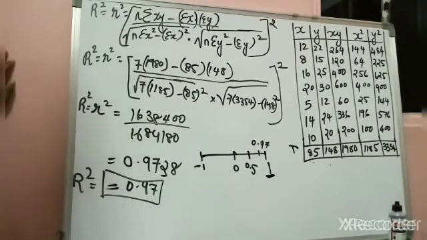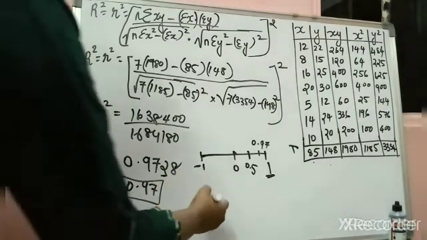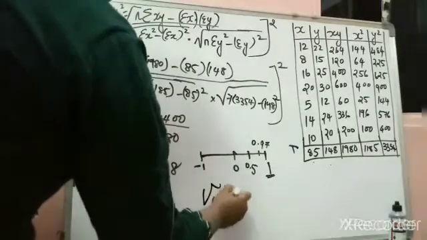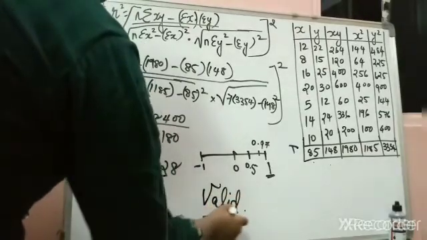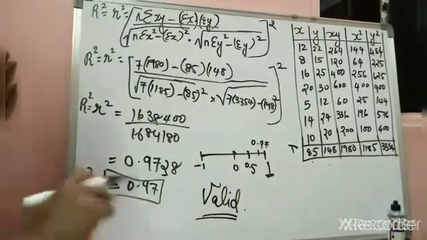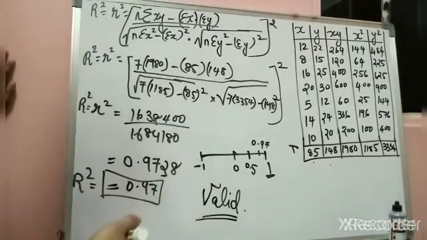So we can say that the linearity assumption of regression between the years of experience and the monthly salary is valid. I am not writing the whole statement, but you have to write the whole statement. I repeat, what would be the statement?